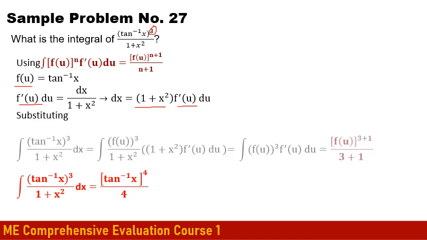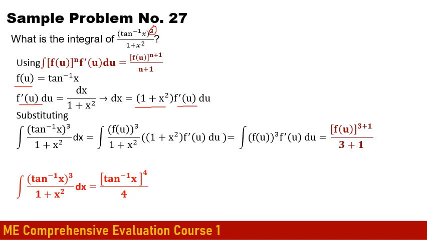So substituting, this equation will become f of u cubed over 1 plus x squared multiplied by 1 plus x squared f prime u du. Then we can cancel out the 1 plus x squared here and 1 plus x squared here.